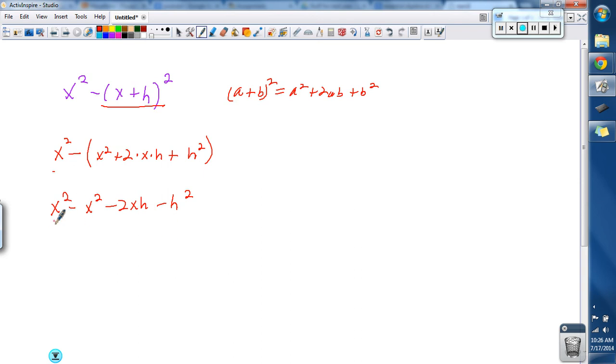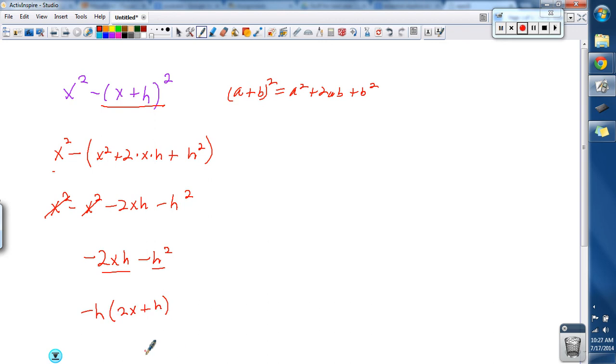So notice here that those x squareds will cancel each other out, and all I would be left with is negative 2xh minus h squared. Now, I didn't necessarily specifically tell you this, but it's very, very important to realize that both of these terms share a negative h. So if I wanted to, I could factor out a negative h like that.